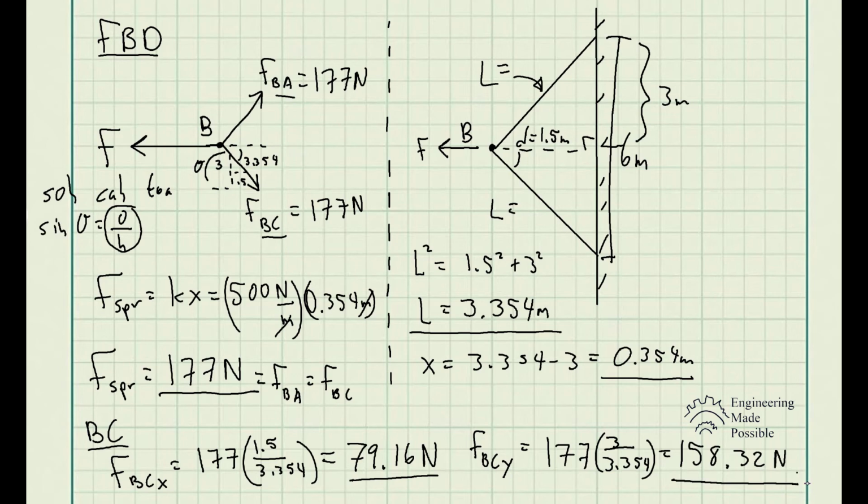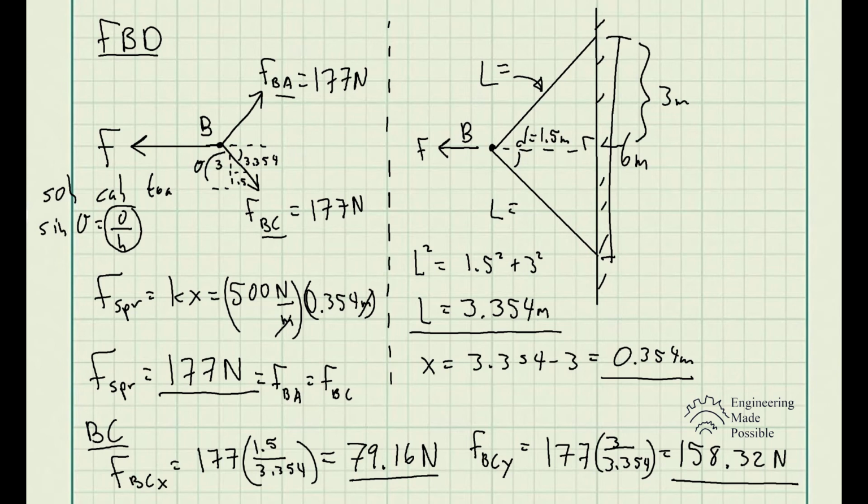So this is for the spring BC for the x and the y direction. But since the geometry is the same for BA, the spring BA is also going to have the same force along the x direction, 79.16, and the same force along the y direction, 158.32. Now you could go ahead and just do the calculations yourself just to check it.